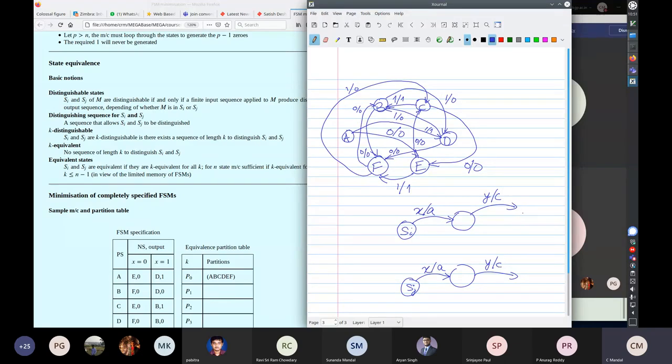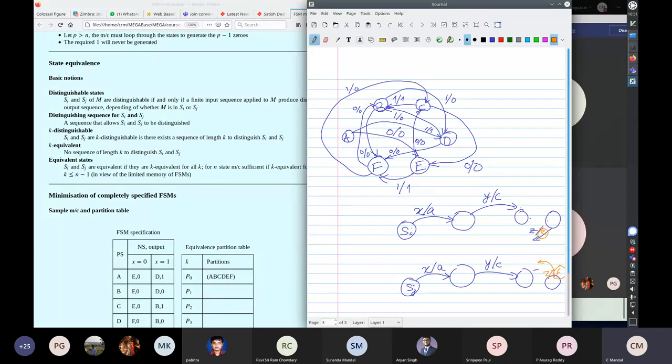you can have many transitions, and if at some point you have this distinction, I mean, if you have two distinct outputs, say E, and on the Z you have S, then you can still distinguish.